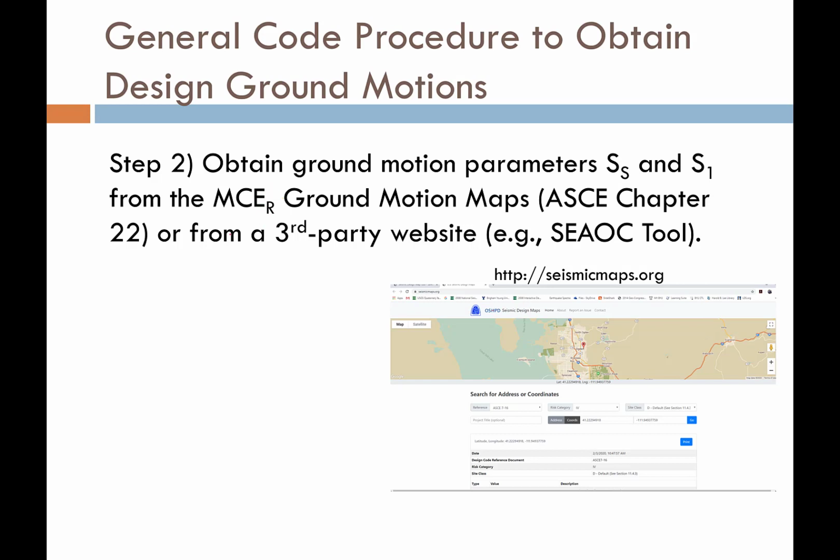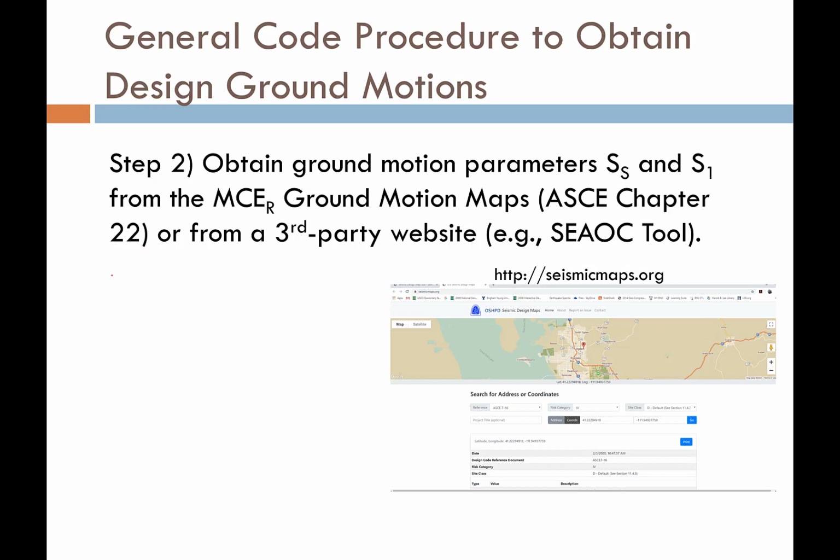Fortunately, people have already done that work for you, so you can go to those maps and get your short period spectral acceleration and your long period spectral acceleration. You can try to use microscopic vision and look at the maps published in the ASCE and IBC codes. That's going to require that you zoom in with your eyeballs and decipher some very fine contours.